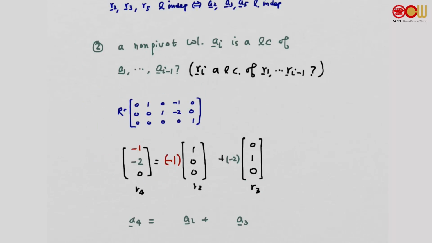Correspondingly, if R4 is equal to minus 1 times R2 plus minus 2 times R3, then we have A4 equal to minus 1 times A2 plus minus 2 times A3. The equations are exactly the same, except R is replaced by A now.